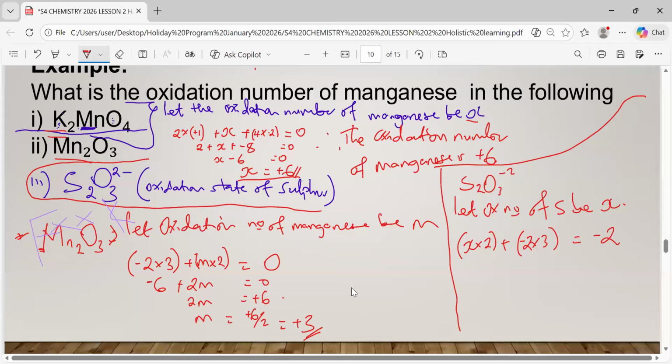Why -2 when we have been equating to 0? Since it's a polyatomic ion, the sum of the oxidation numbers should be equal to the ion's charge.